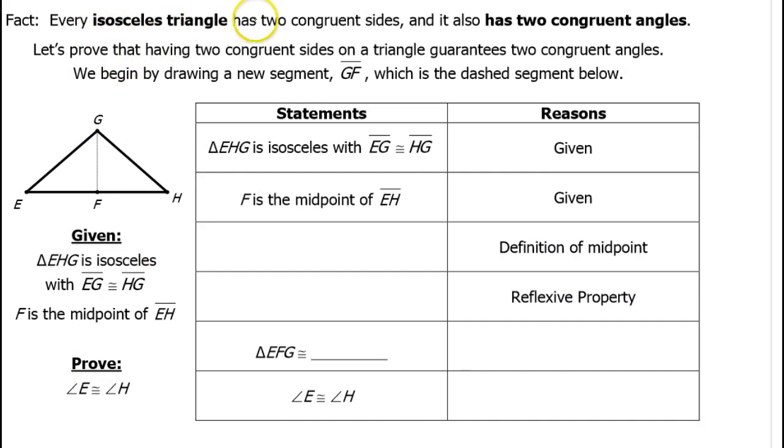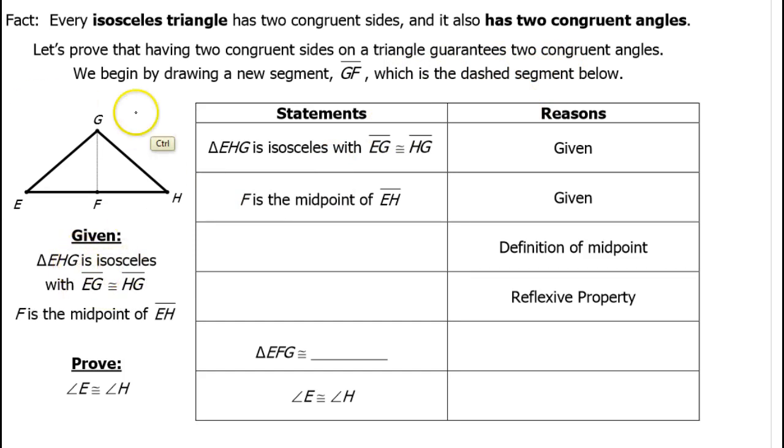Fact: every isosceles triangle has two congruent sides, and it also has two congruent angles. Let's prove that having two congruent sides on a triangle guarantees two congruent angles. We begin by drawing a new segment GF, which is the dashed segment below.